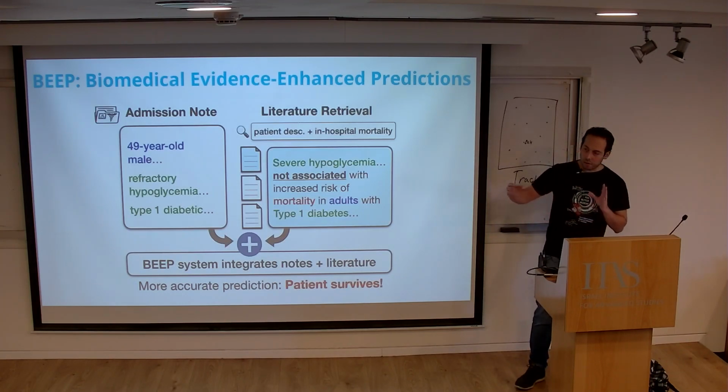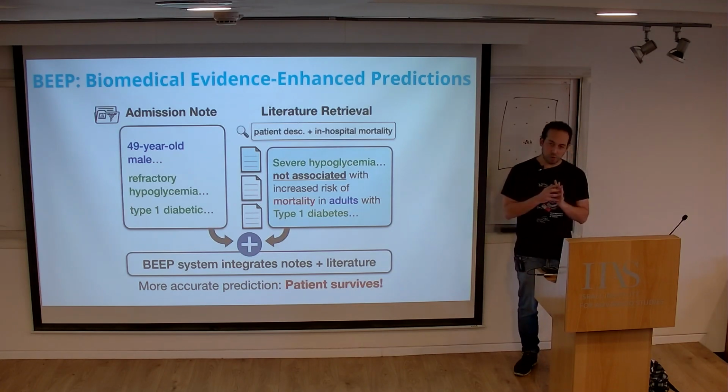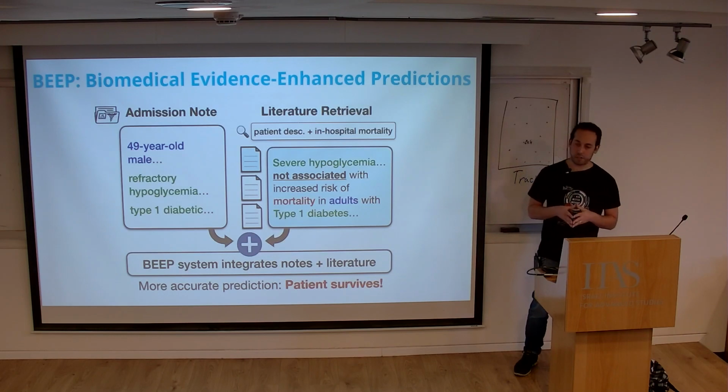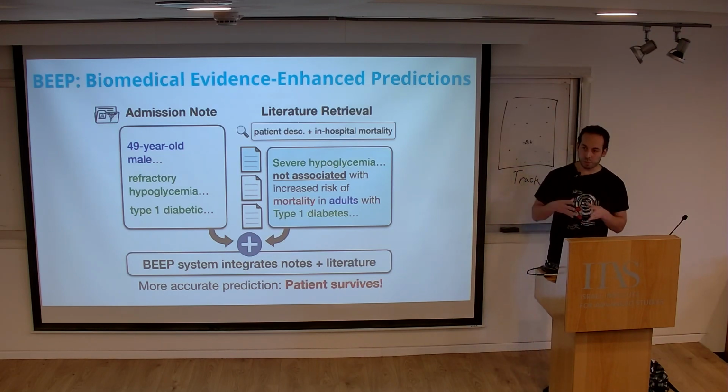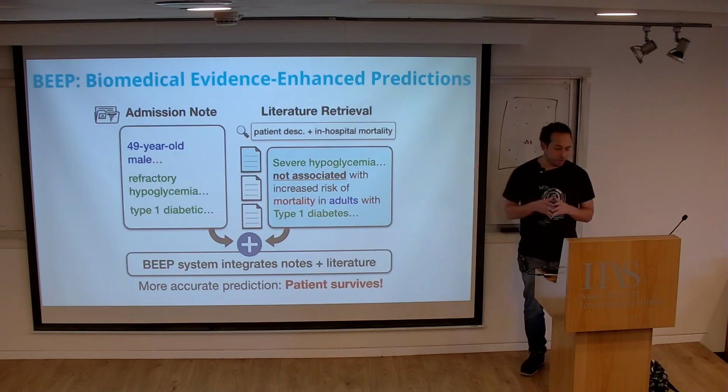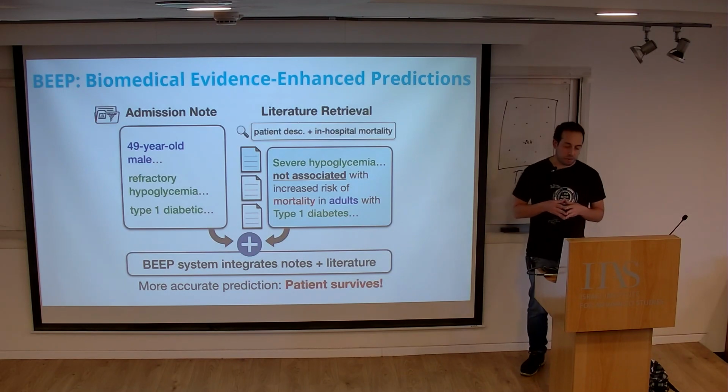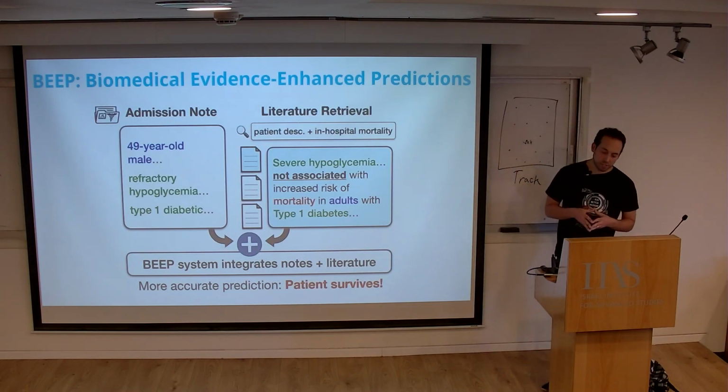Our system finds literature that's relevant to this specific patient in the context of the specific outcome we're interested in, for example, risk of mortality during the ICU hospitalization. And we see a specific paper that says that for severe hypoglycemia in adults with type 1 diabetes, there's actually no increased risk of mortality according to this study.